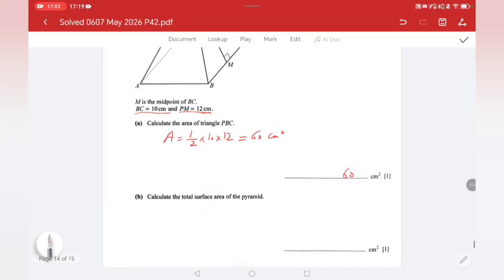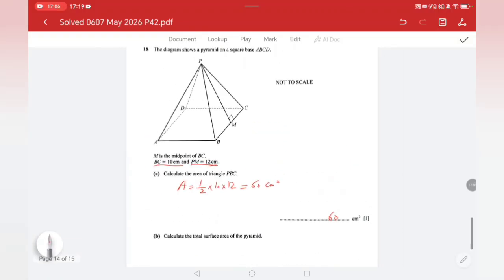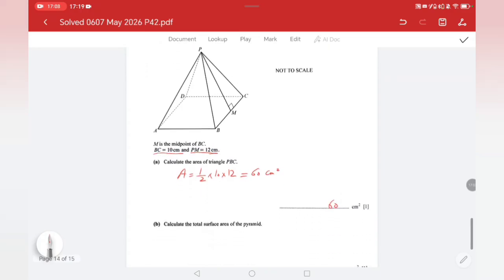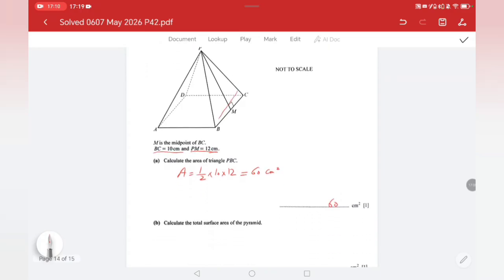Next one, calculate the total surface area of the pyramid. If you look at the faces, we have one triangle and 2, 3, 4. We have 4 triangles. So the area of the triangles is 4 times 60. We found already that each one of them is 60. What's remaining? The base, right?